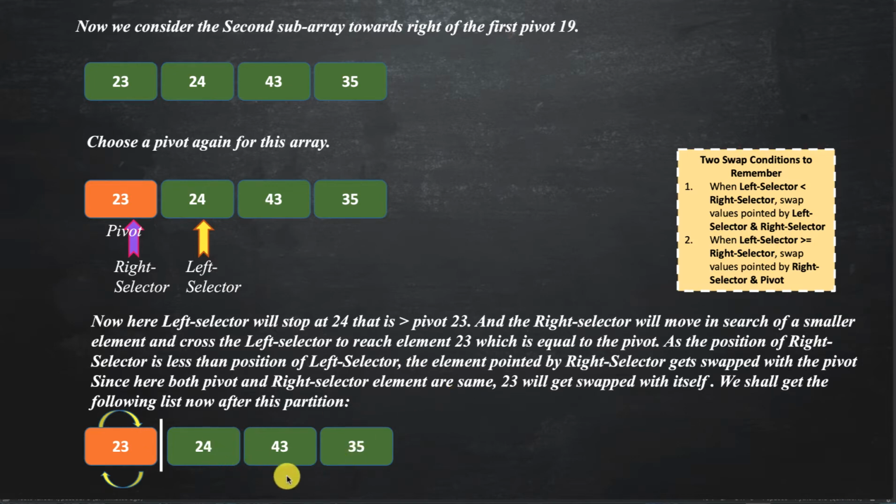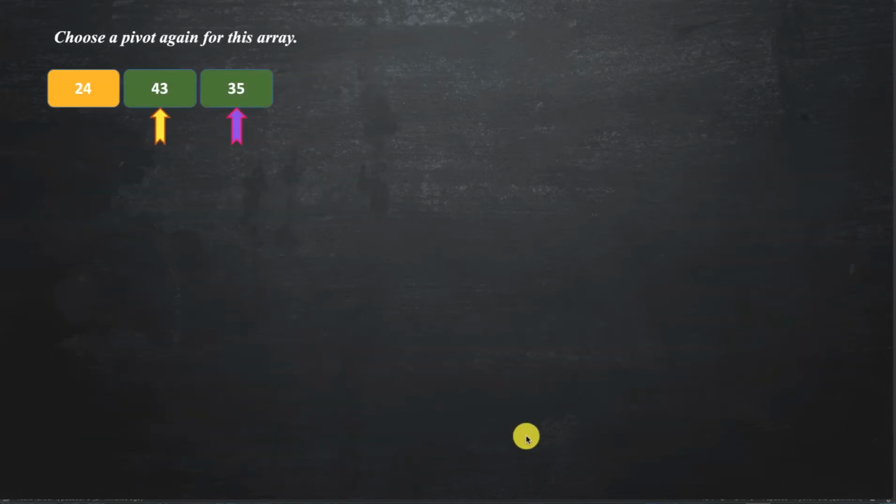So let's now work on this sub-array. Again, we choose the first element as a pivot. We have two selectors. We need to find a greater number using the left selector. So 43 is greater, so it will stay here, and the right selector needs to find a smaller one, so it will go all the way up to the pivot.